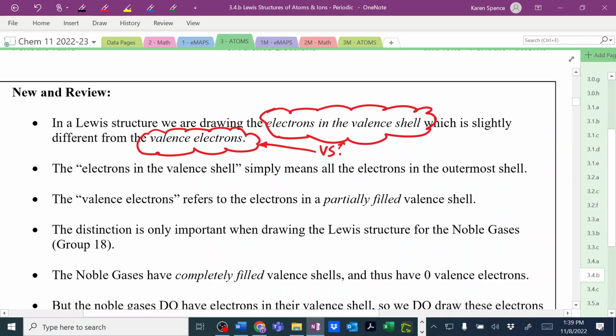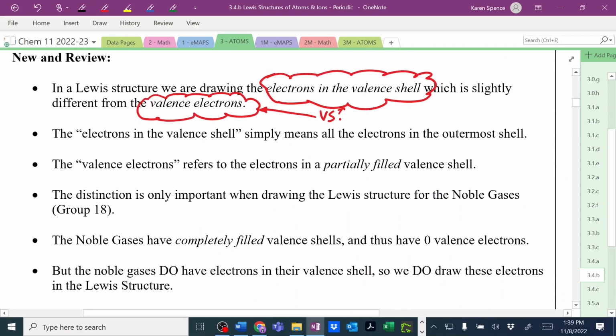Don't get too wound up about the terminology, but if you look at a noble gas, do you remember your noble gas? Let's say we have neon. It has a full outer shell of 8 electrons. So it has 8 electrons in its valence shell, but how many of those electrons can be involved in bonding? None of them, so it has 0 valence electrons, even though it has 8 electrons in its valence shell.